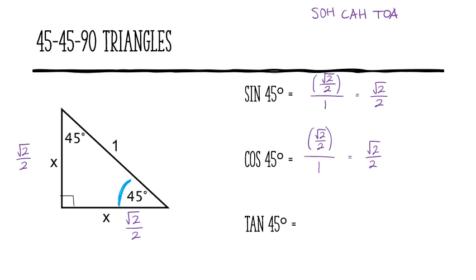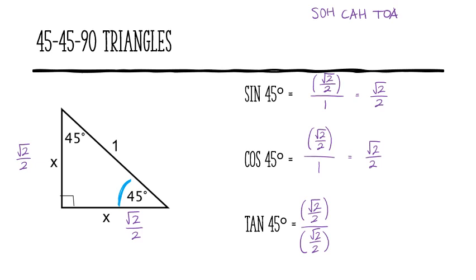Okay, let's look at the tangent then. That is the TOA, opposite over adjacent, or square root of 2 over 2 over square root of 2 over 2. I could think about simplifying this as we did rational expressions a chapter ago, but ultimately this is a number divided by itself, like 3 divided by 3.